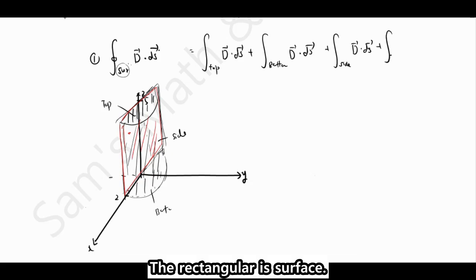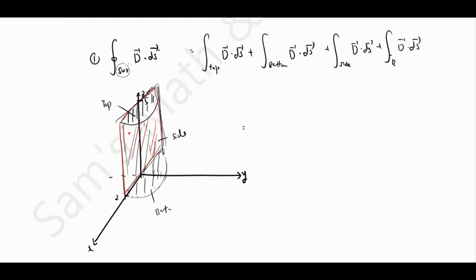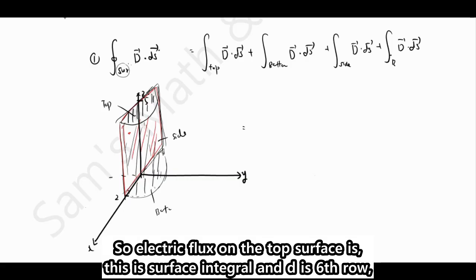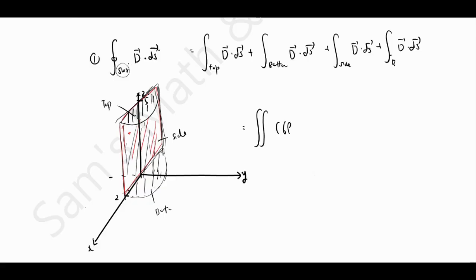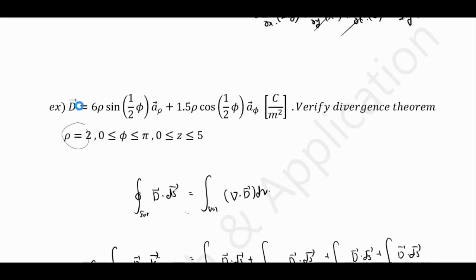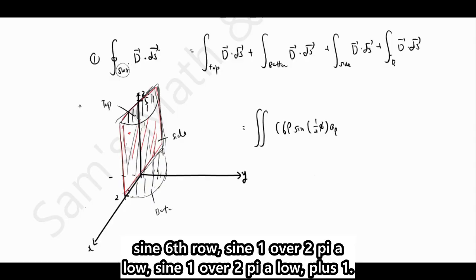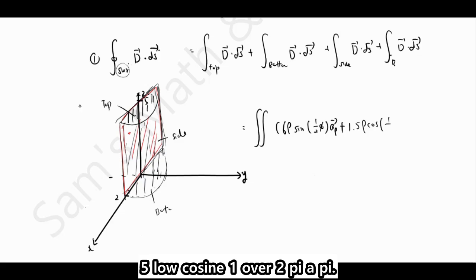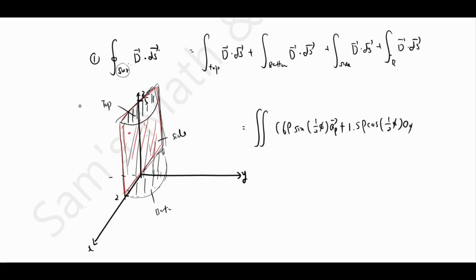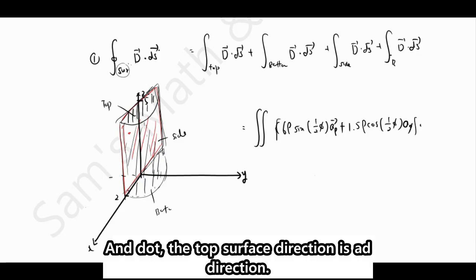So the electric flux on the top surface is the surface integral, and D is 6 rho sine 1 over 2 phi a rho, plus 1.5 rho cosine 1 over 2 phi a phi, dot.